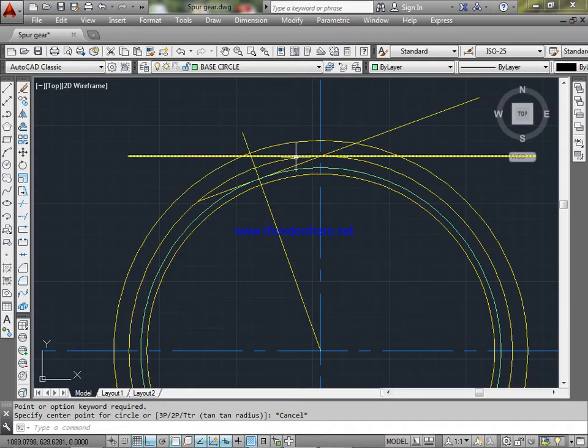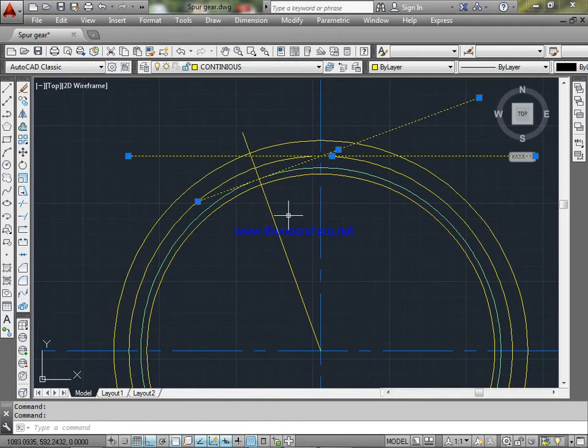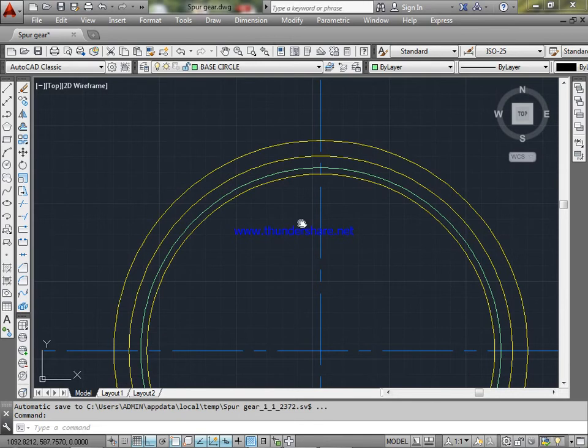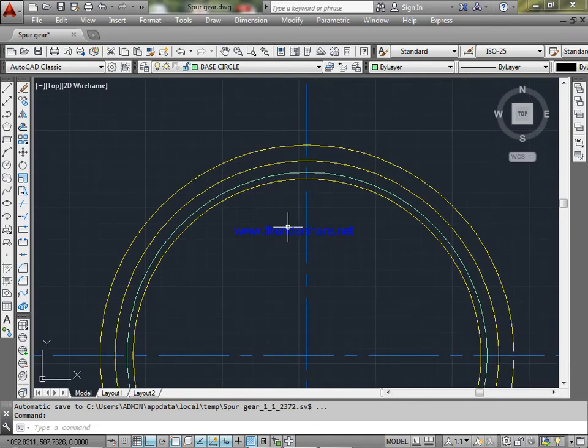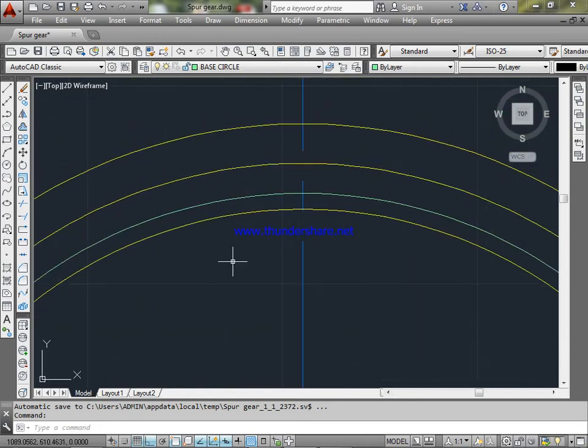Okay. We may remove the line of action or common tangent. Then, here is the pitch circle.